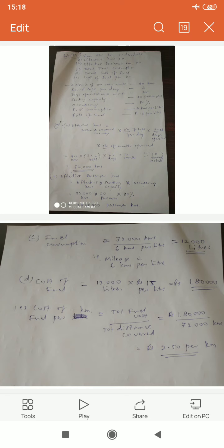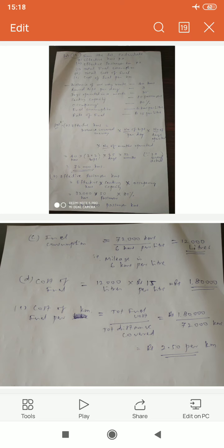Number of days operated in a month specifically given as 25 days multiplied by number of months operated. An year comprises of 12 months because on the basis of the above information you have been asked to ascertain effective kilometers per annum. Therefore, multiplied by 12 months.